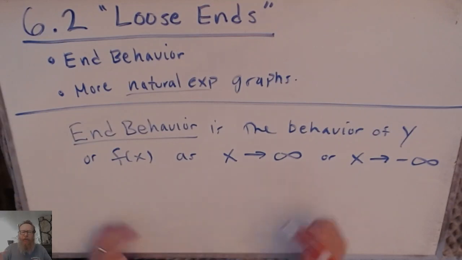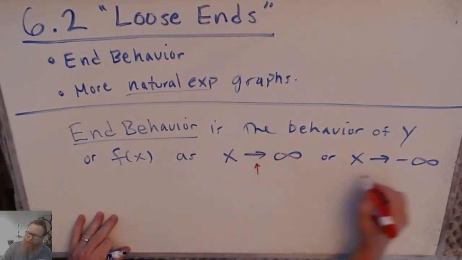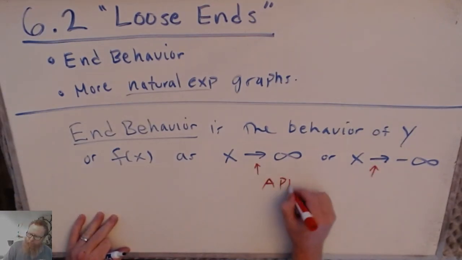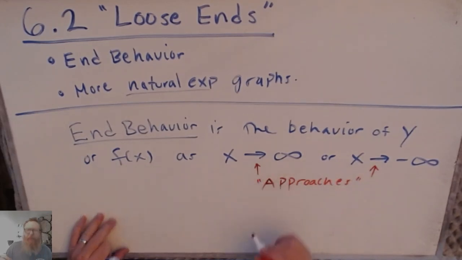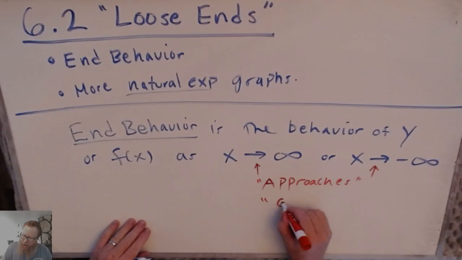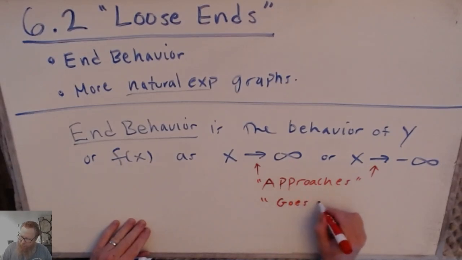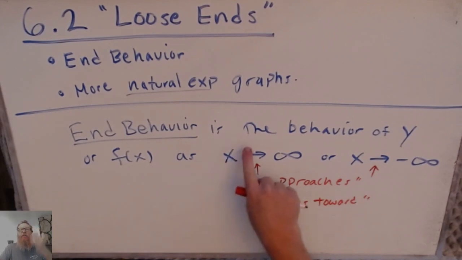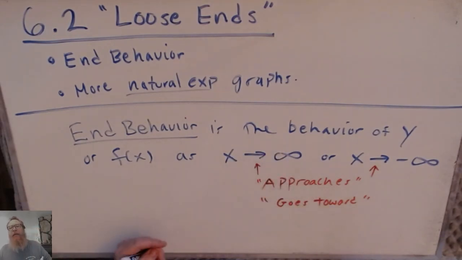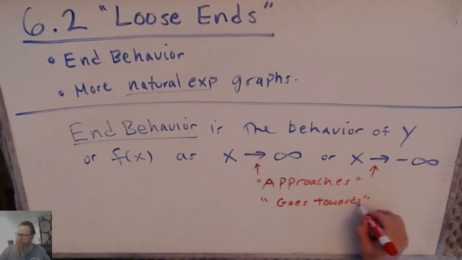And so this symbol that looks like an arrow is read as the word approaches. Or some people say goes toward. So some people say x goes toward infinity, or x goes towards negative infinity.